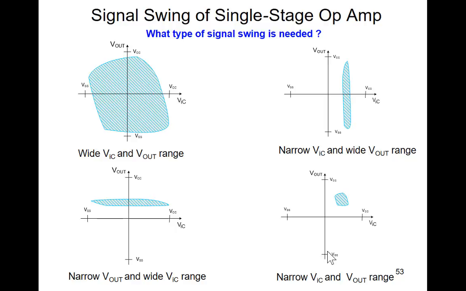Zero. Does that change? No, it's going to be a few microvolts maybe, right? Do I need a large common mode input range on the op amp if I'm going to use it in this application? No. So this would be completely acceptable for an op amp used in that application. Make sense?